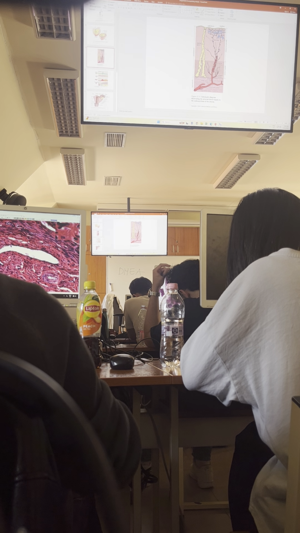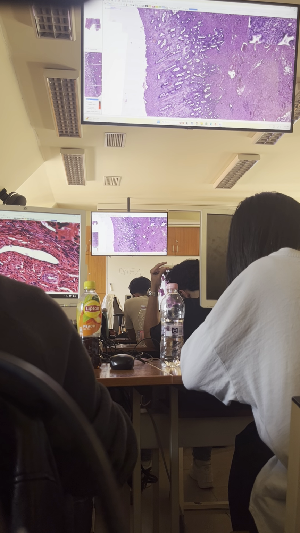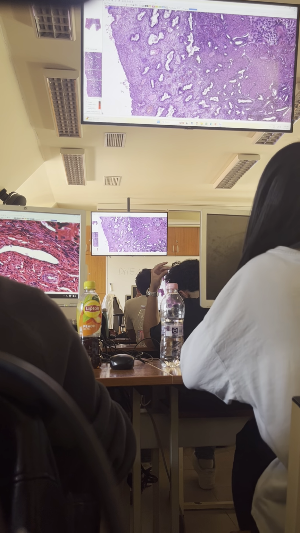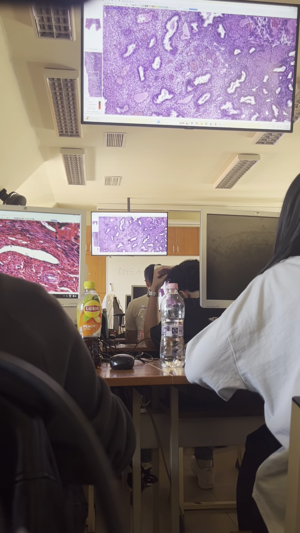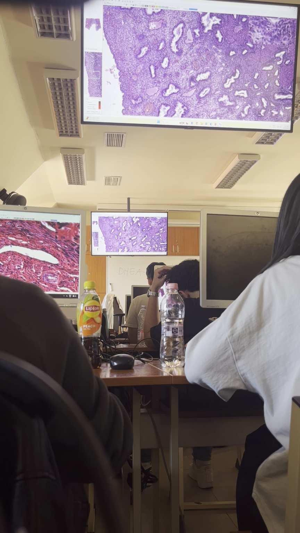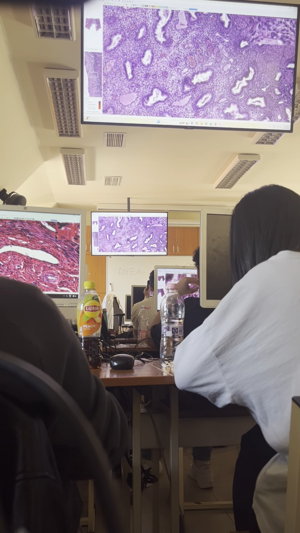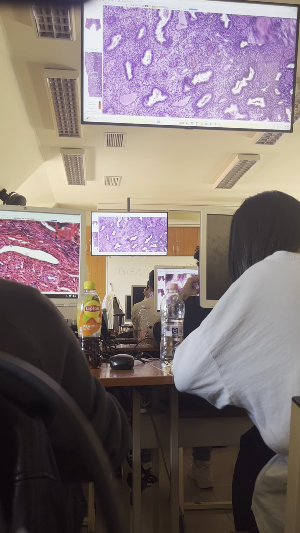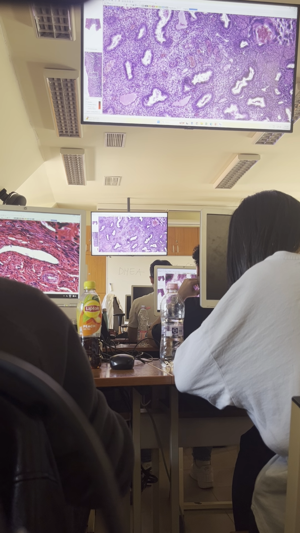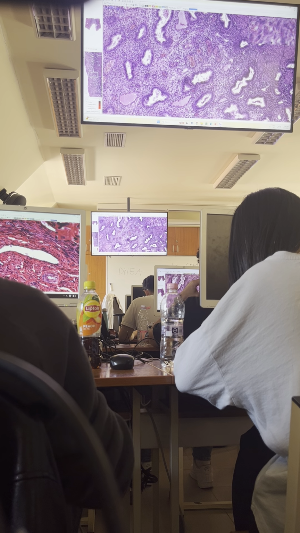And I show you how you can recognize a spiral artery. Look at this. We are in the spongy layer, right? And this is a spiral artery here. What you need to look for is lots of profiles of arterioles next to one another.